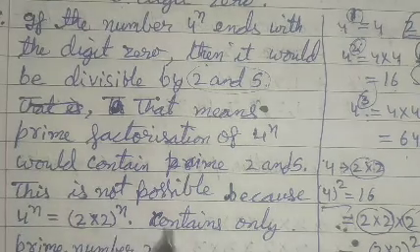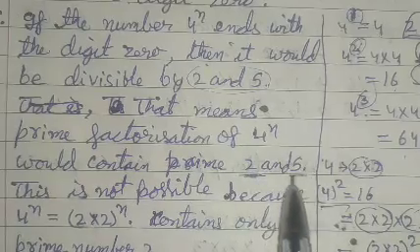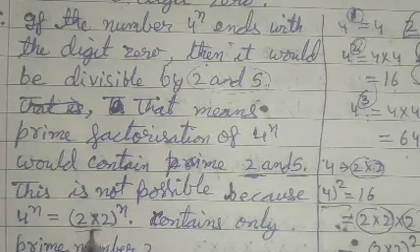And what we are saying is, in order to be divisible by 10 it should contain 2 and 5, and we are getting only the prime 2.